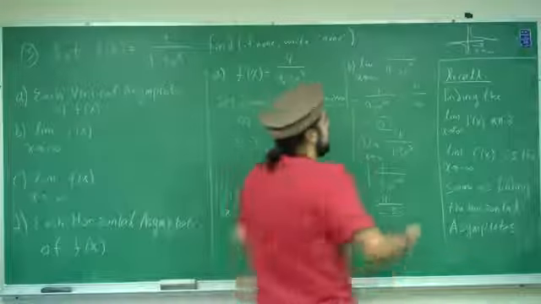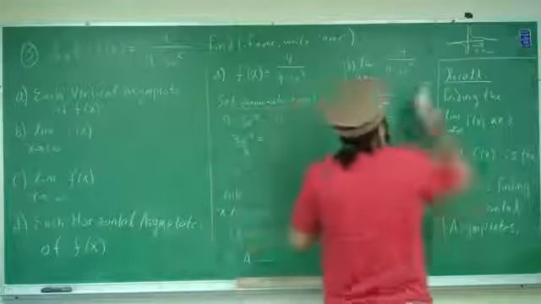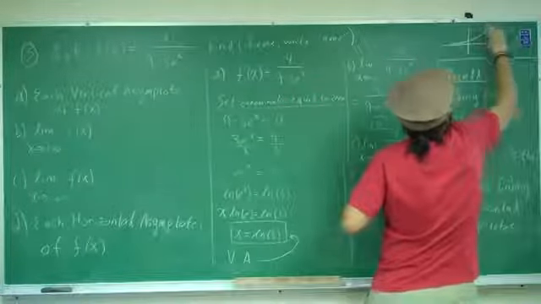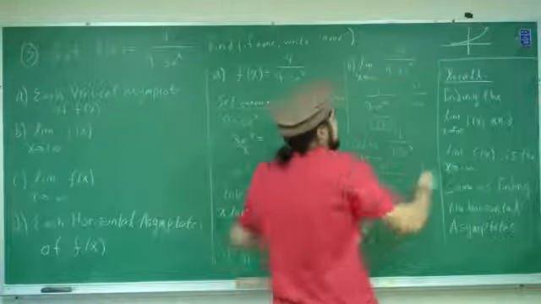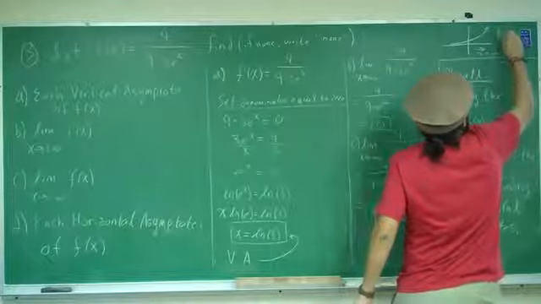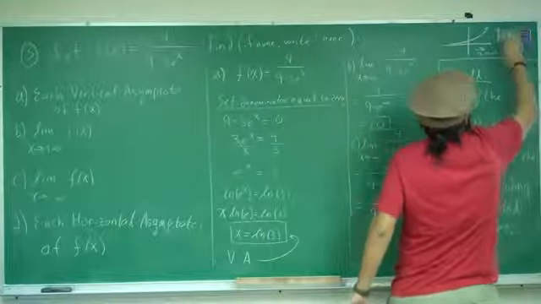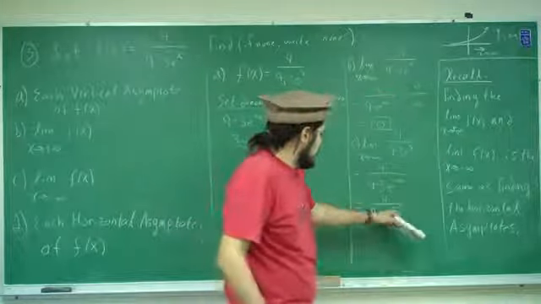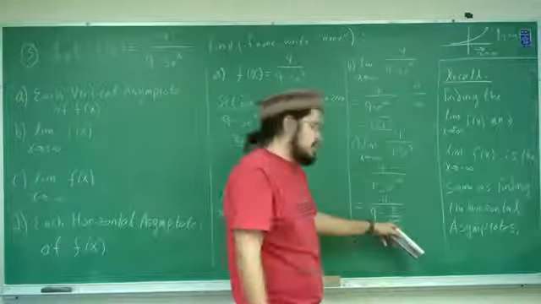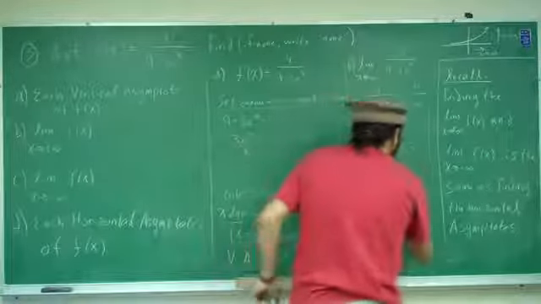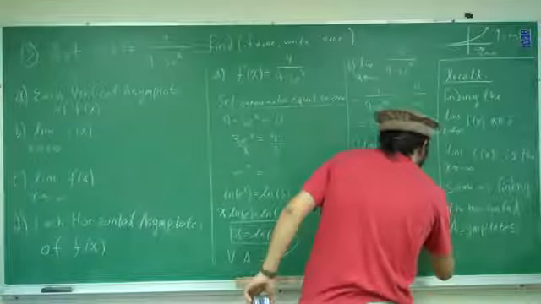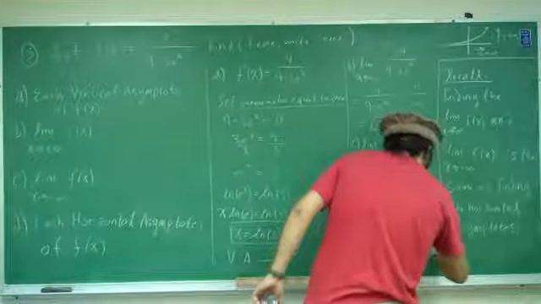If it's e to the infinity, recall the graph of e to the x: as x goes to infinity, y goes to infinity. So we have 3 over infinity, and any number divided by a very big number is very close to 0, so that's 0. So we have 4 divided by 9 minus 0, which is just 4 divided by 9.